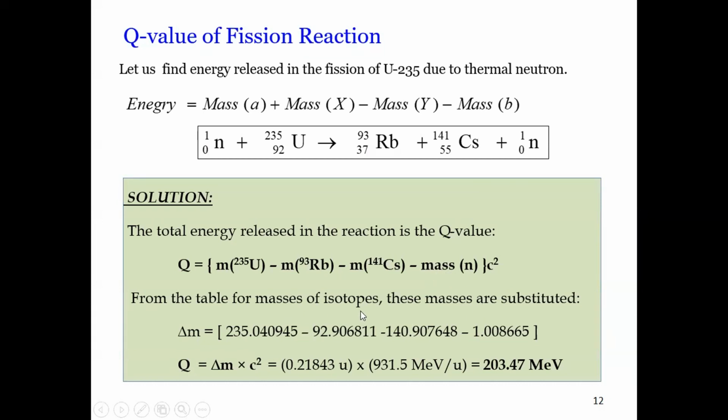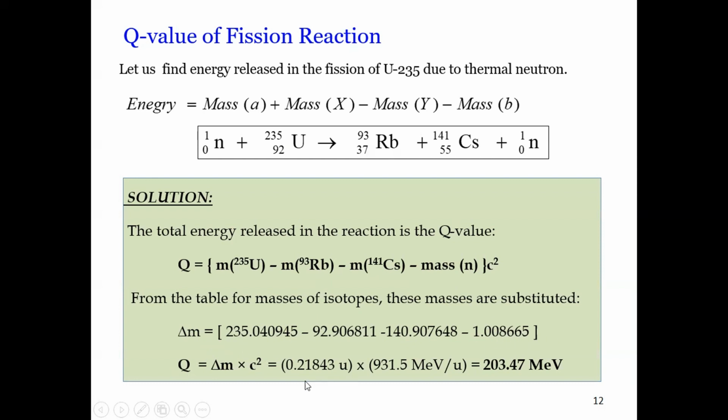So from the table of masses of isotopes, U-235 is 235.04. Rubidium 92.9, cesium 140.9, mass of neutron 1.00866.